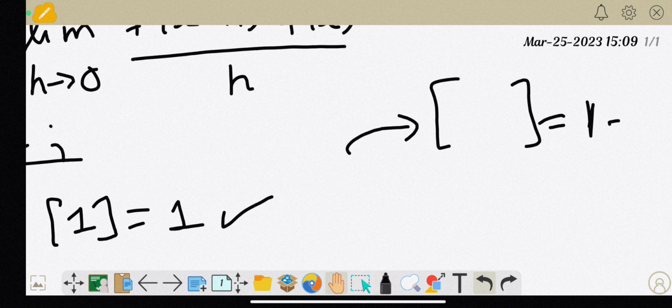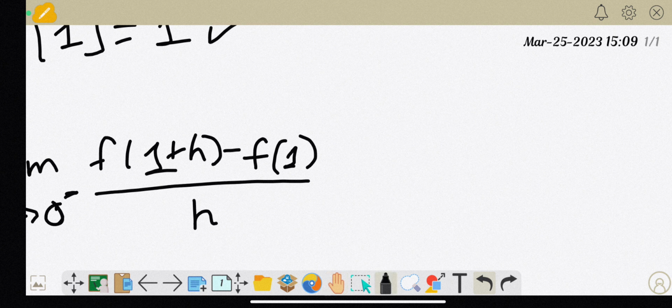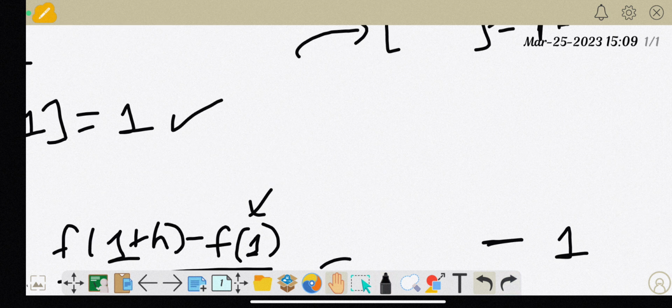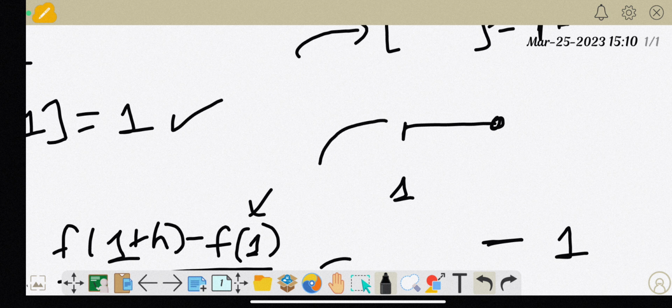So in this case, f of 1 is equal to 1, and 1 plus h is approaching from the left, so the value will be reduced by 1.